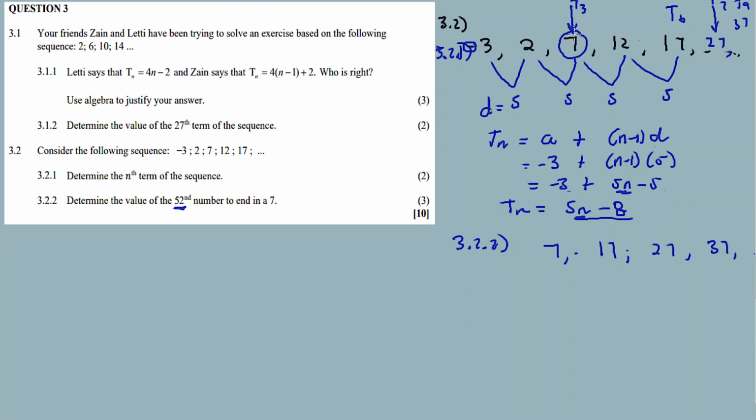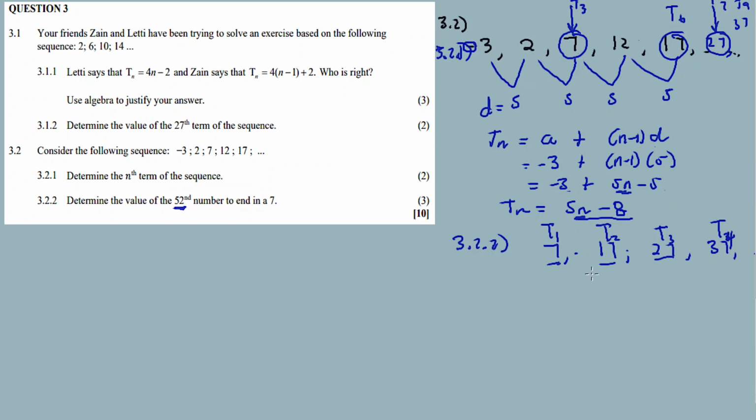So I'm isolating my terms which end with the number 7. Now it's this one, this one, this one, and this one. The first term ending in 7 is 7, the second one 17, the third one 27, the fourth one 37.